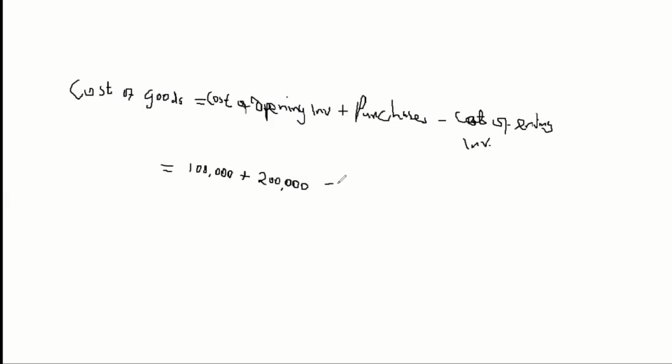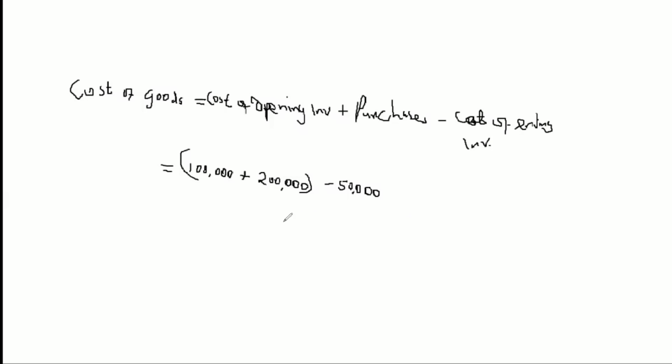We less our closing cost, which is 50. In this case, we have to work out this first, then we less this.